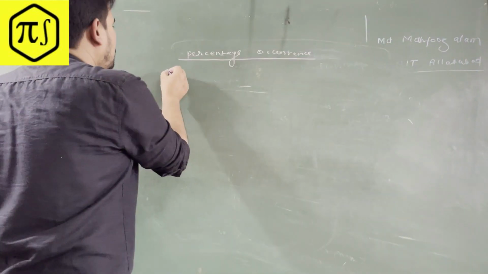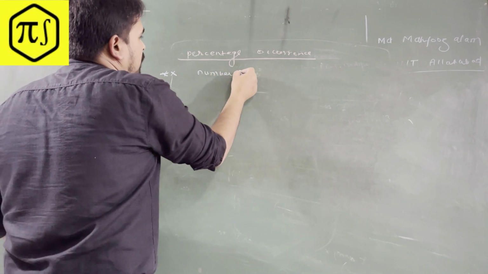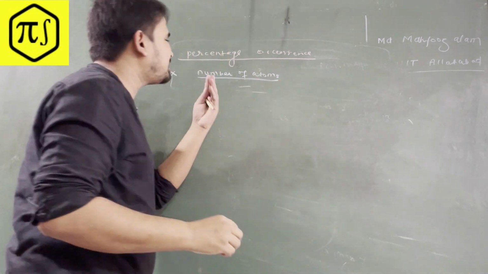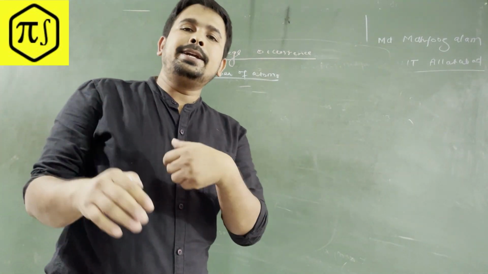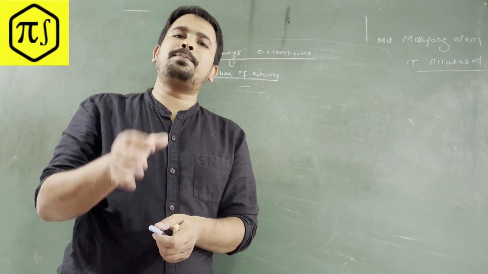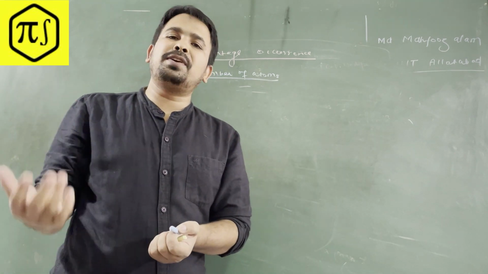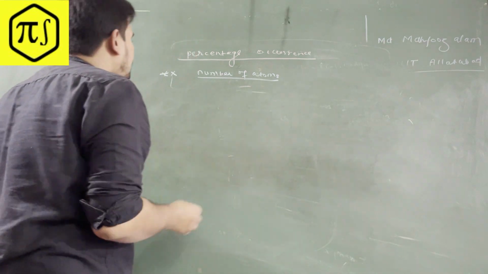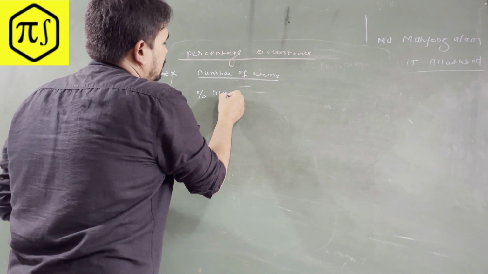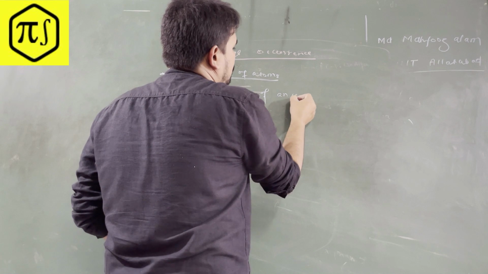The key point here, always remember, star double star, in terms of number of atoms. Percentage occurrence in terms of what? Not mass. In terms of the percentage number of atoms, right? How many atoms of that particular isotope occur in nature out of the total number of atoms of all isotopes, right? So here let's see the percentage occurrence of an isotope.